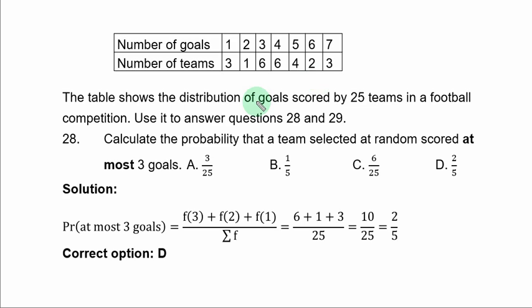The table shows the distribution of goals scored by 25 teams in a football competition. Use it to answer questions 28 and 29. So you have question 28. Calculate the probability that a team selected at random scored at most 3 goals.